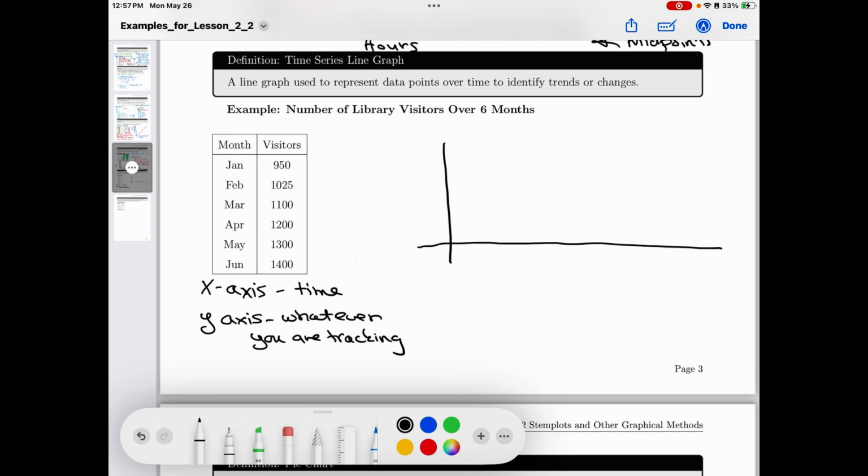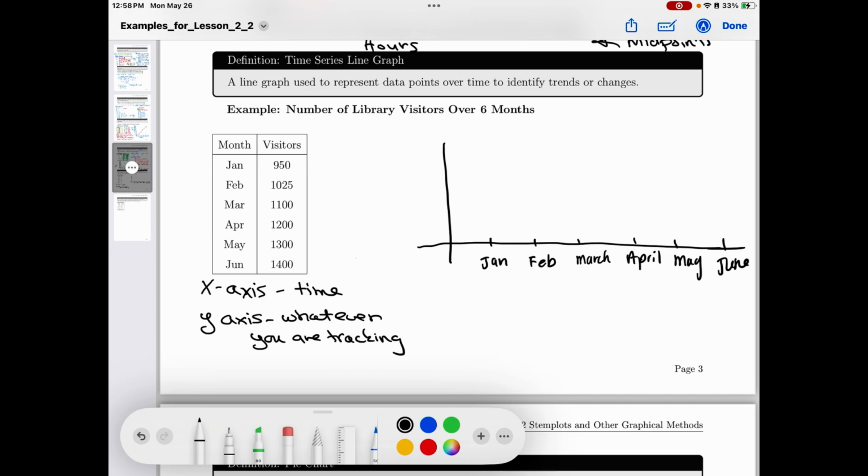Now, when we make our graph, our x-axis is the time, so that's going to be the month. So another way that you might see this, because some people like to have numbers on the x-axis and not actually label it with words, you might actually see something that says let x equal 0 represent January.